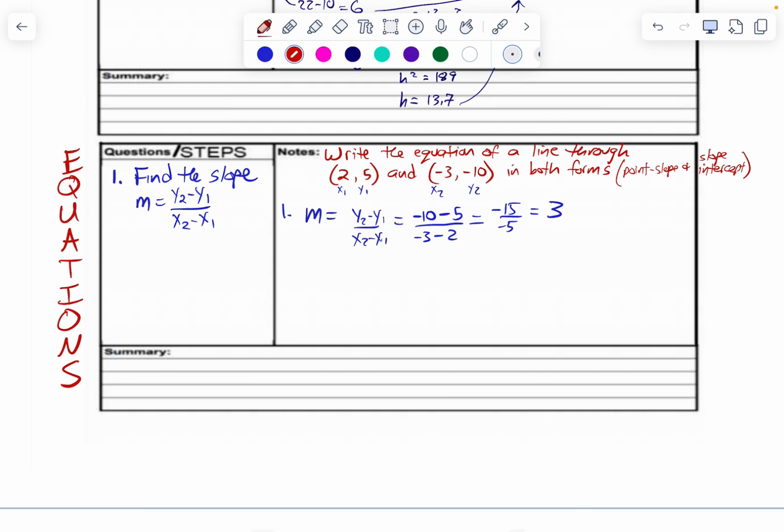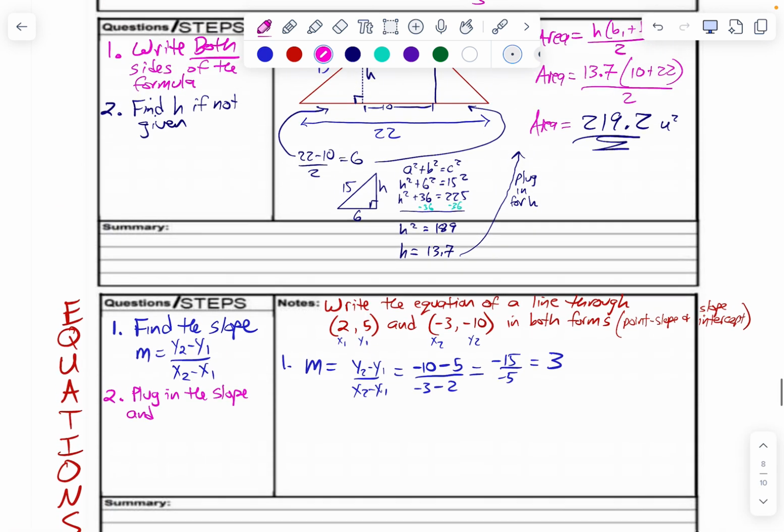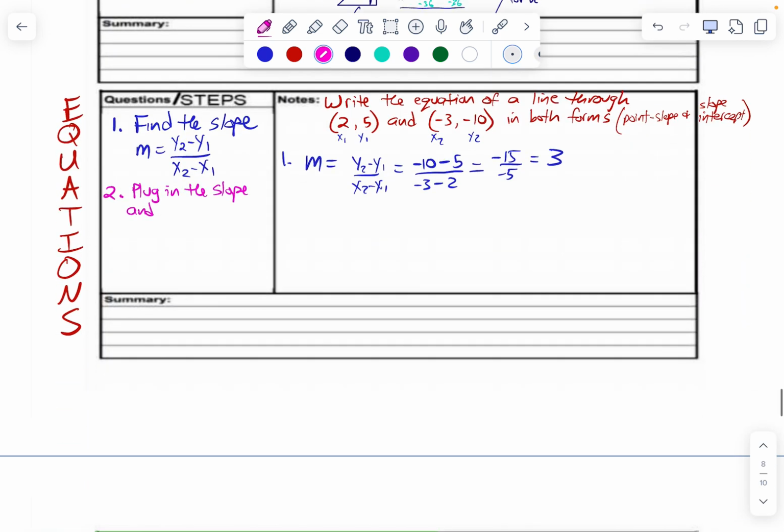Okay, step 2. Plug in the slope and x1, y1 to point slope.